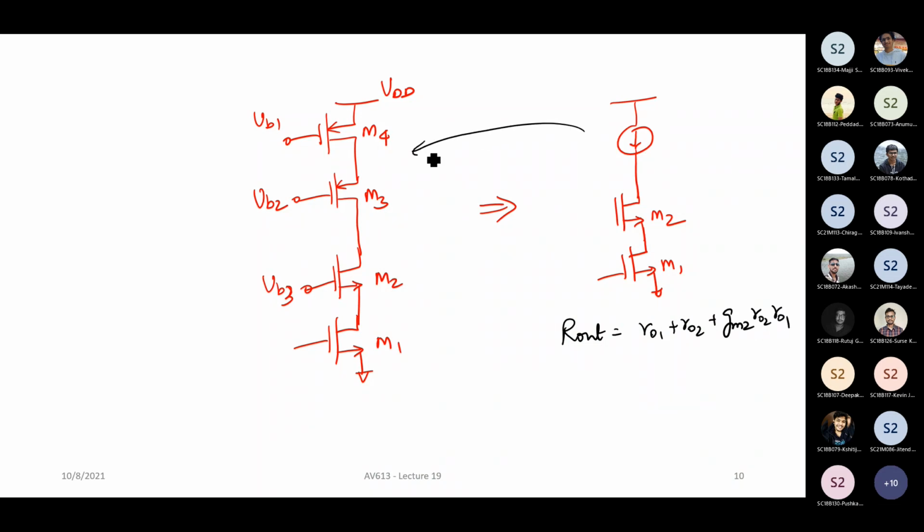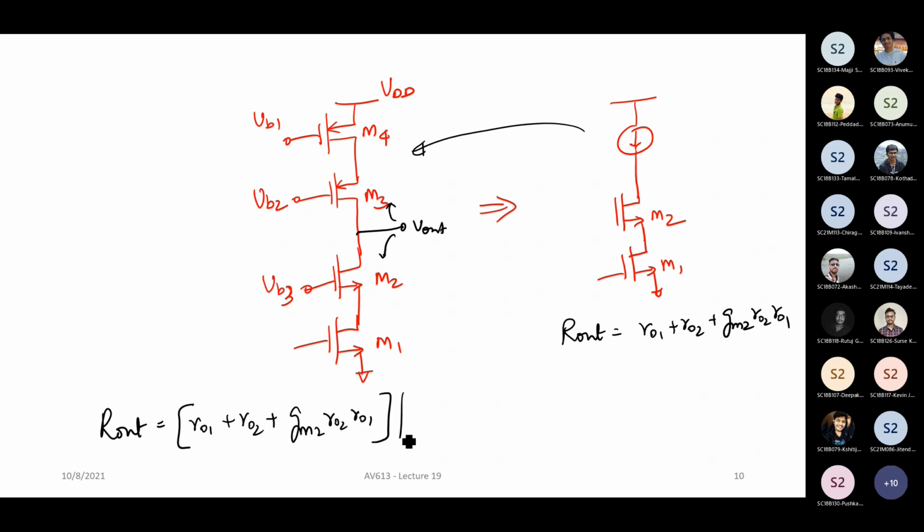Now, if this current source is implemented in this way, what will be the Rout here? This is your output node. So you look down and you look up, put both in parallel. If you look down, what do you see? You see ro1 plus ro2 plus gm2 ro2 ro1.